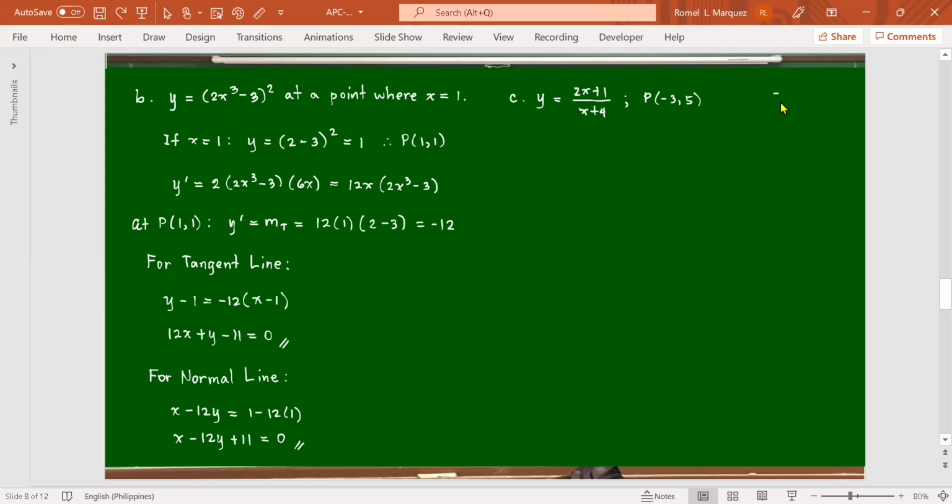Guys, check it again. 2 times negative 3 is negative 6, no? Plus 1, all over negative 3 plus 4, equals negative 5. It's not correct, no? So it means there is no tangent line. So let's revise the point, guys, because I want it to be on the curve.